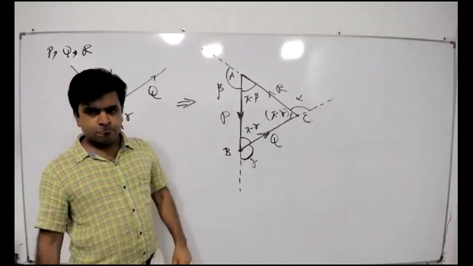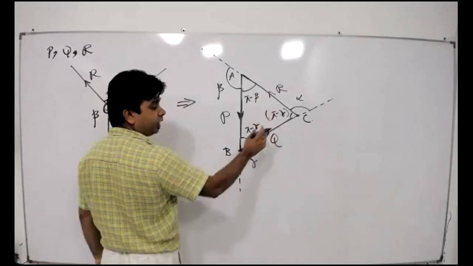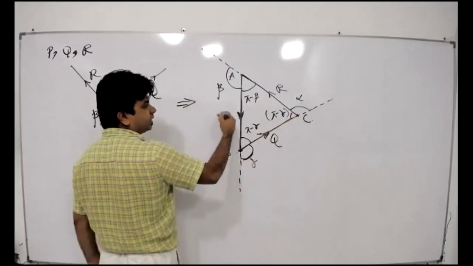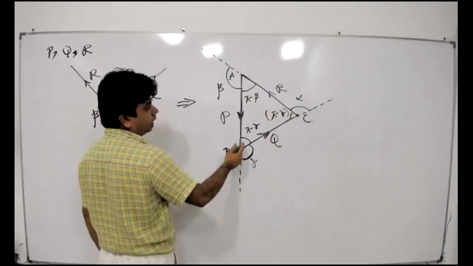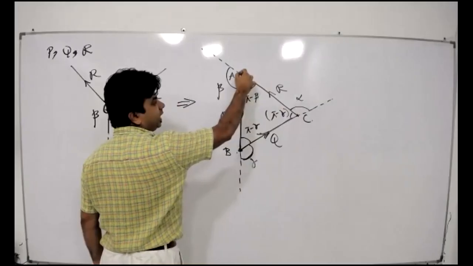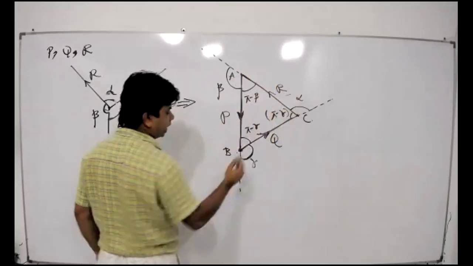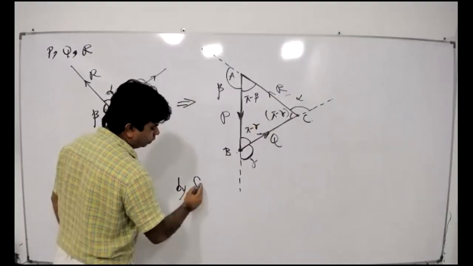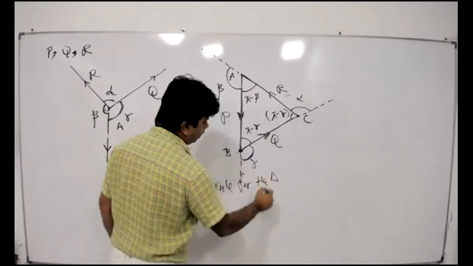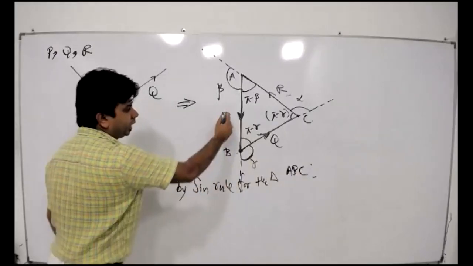Clear? Then, you know that this is a scale drawing. That length says the magnitude of the force Q. This length says the magnitude of the force P, and this CA length represents the magnitude of the force R. Then by the sine rule for the triangle ABC, please tell me, how do we write?